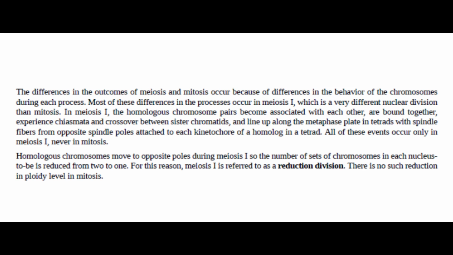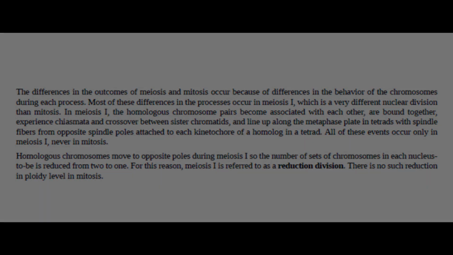All of these events occur only in meiosis I, never in mitosis. Homologous chromosomes move to opposite poles during meiosis I, so the number of sets of chromosomes in each nucleus is reduced from 2 to 1. For this reason, meiosis I is referred to as a reduction division. There is no such reduction in ploidy level in mitosis.